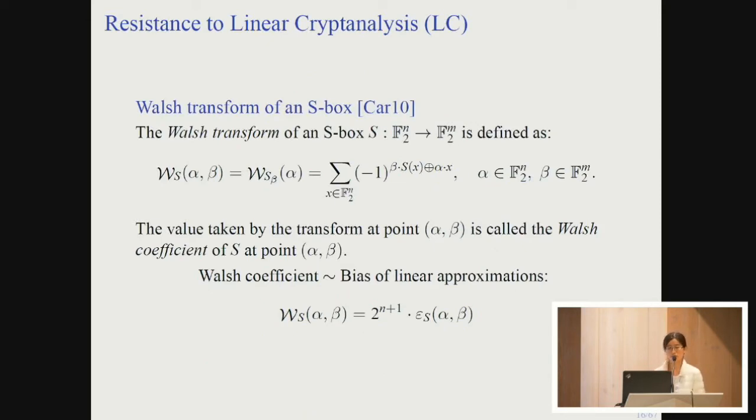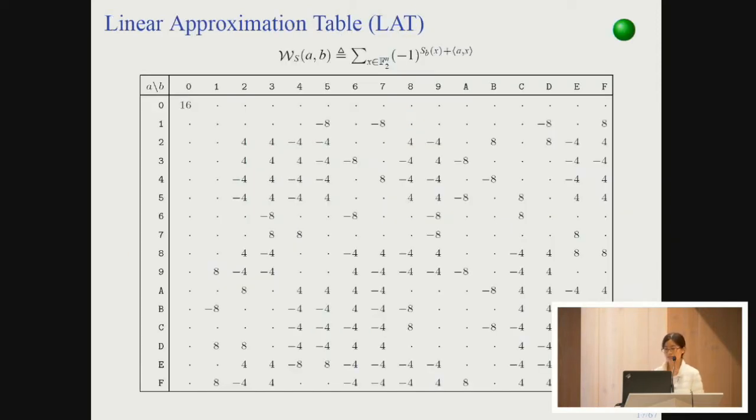For the resistance to linear cryptanalysis, the properties of the Walsh transform and the Walsh coefficients are important criteria, and they are related. The Walsh coefficient is related with the pairs of linear approximations.